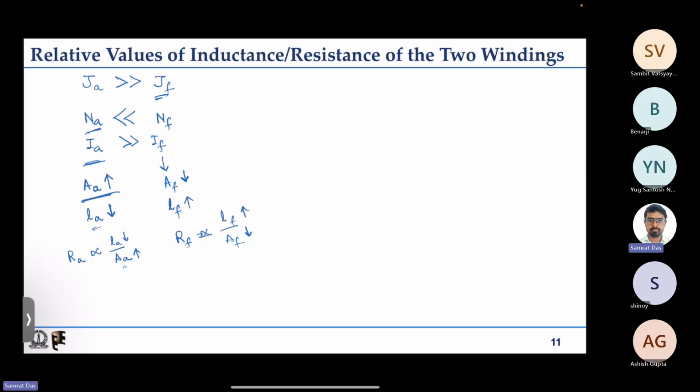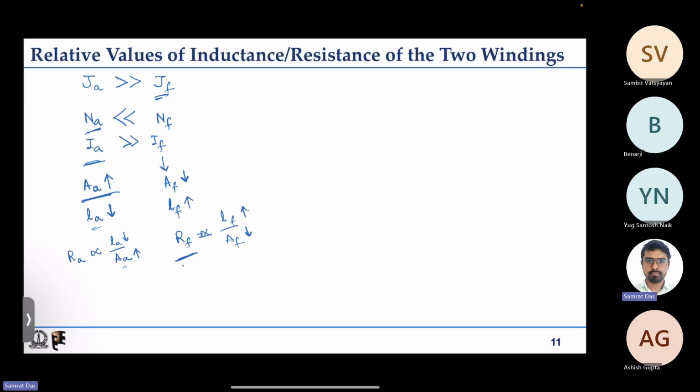So this tells you that the overall RF, the field winding resistance, is quite high, because LF is higher and AF is lower. On the other hand, LA is lower and AA is higher, so the overall armature resistance will be quite low.